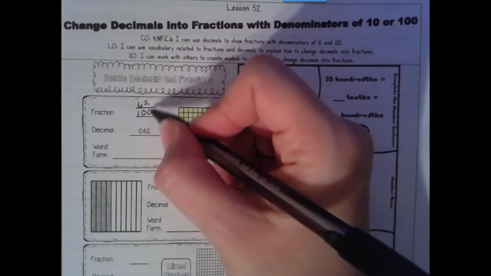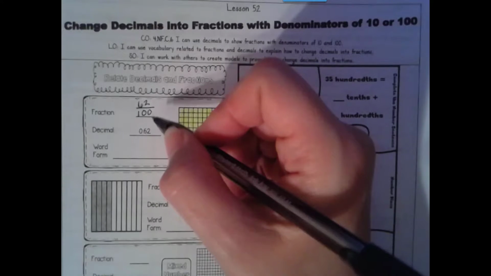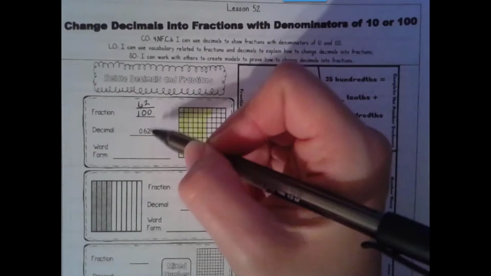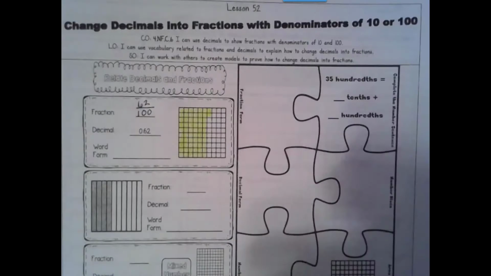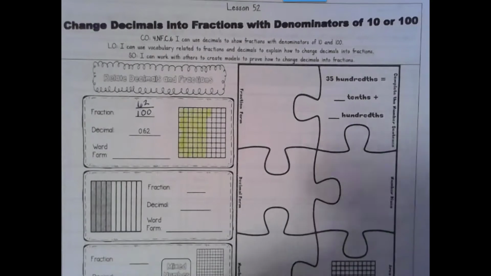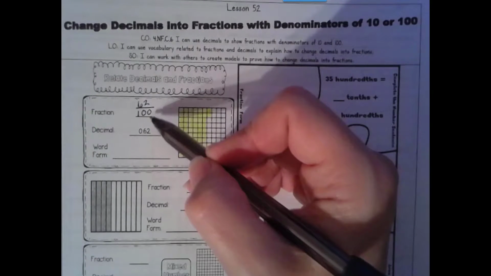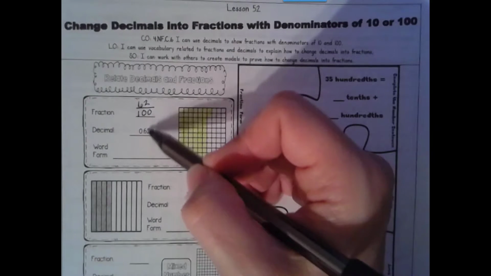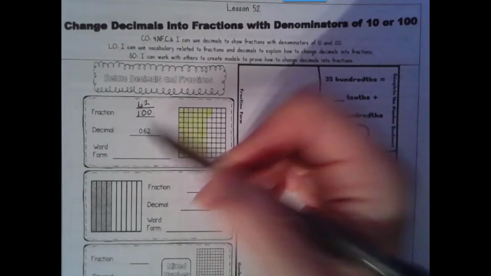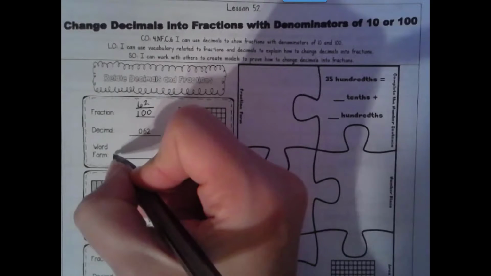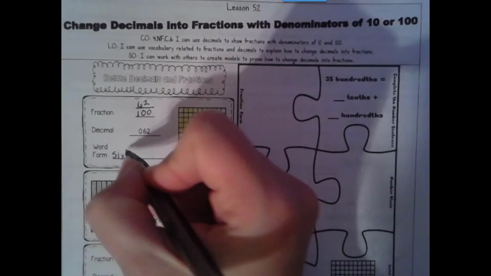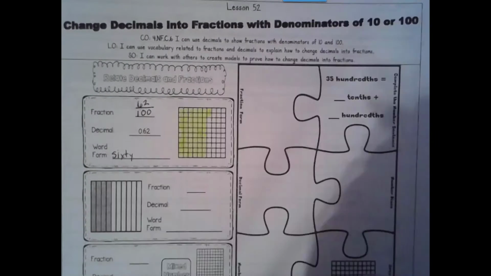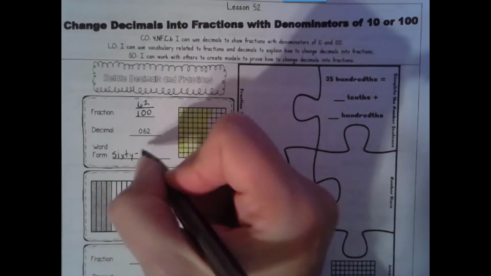Now we could simplify this fraction because they're both even, but we're looking at how it relates to decimal, so we'll want to keep it with 100 in the denominator. So 62 hundredths, this is also 62 hundredths, this is the last digits in the hundreds place. So we would write it in word form as 60-2.